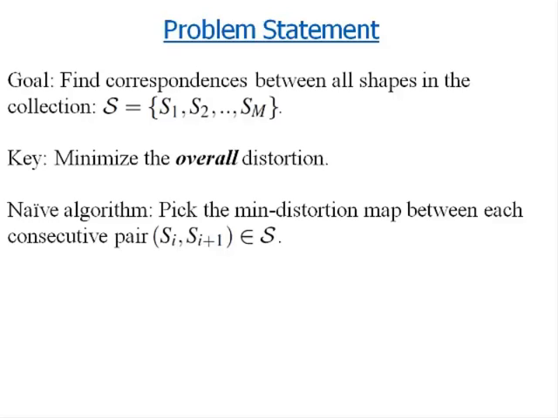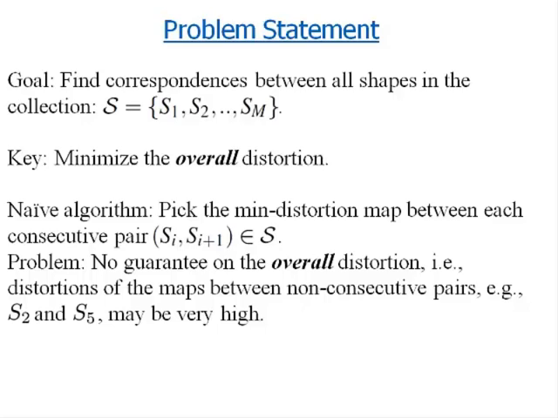Pick the minimum distortion map between each consecutive pair, and then for the non-consecutive pairs, using the transitivity rules and map compositions, the maps are implied, defined. So if I have correspondence from S1 to S2 and S2 to S3, then by transitivity I already have from S1 to S3. So with that, I can find all pairwise correspondences.